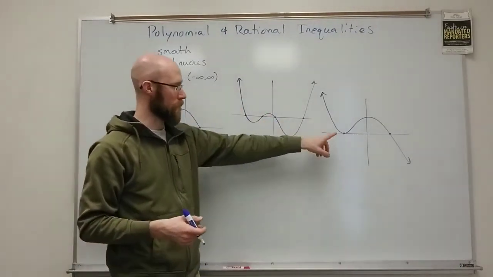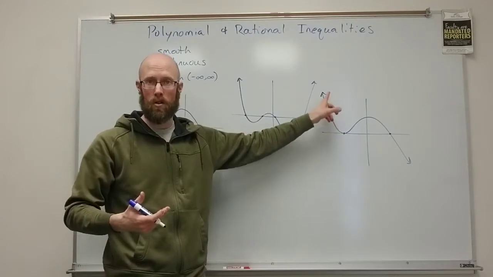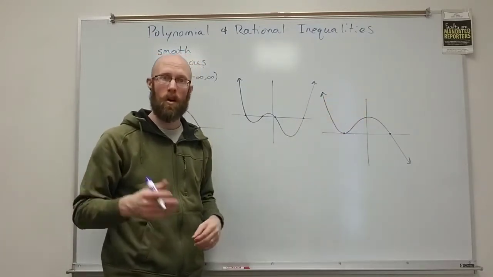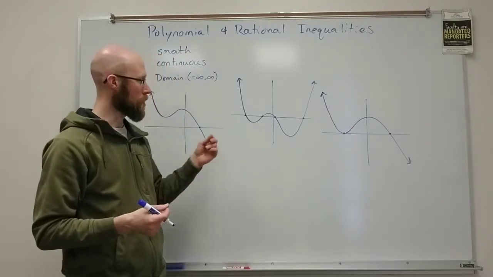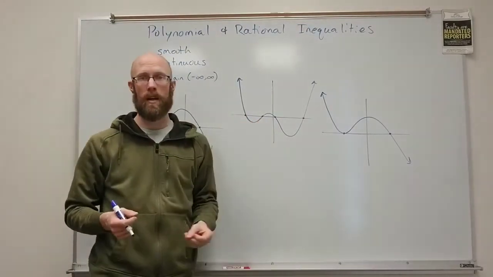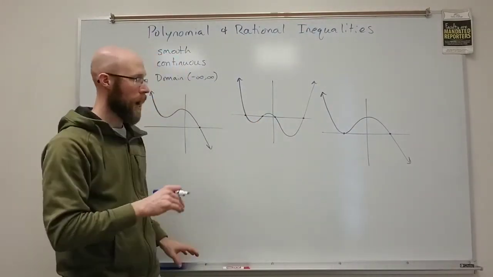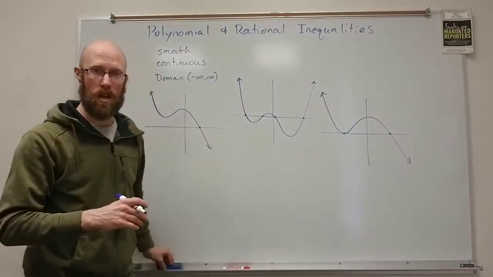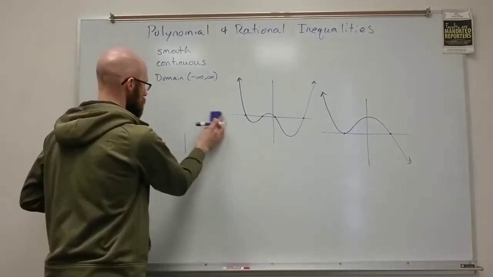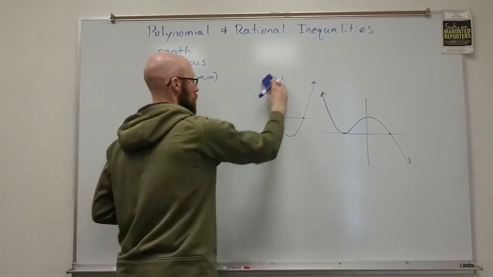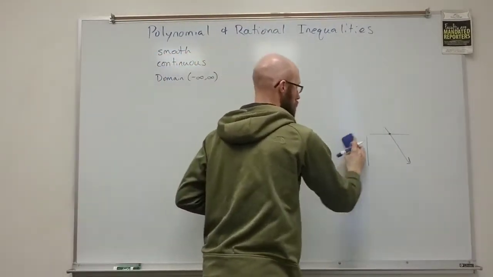Of course, not every x-intercept will make that occur. You could have a positive to a positive or a negative to a negative, but either way, the only places where it can switch sign is on the x-axis at an intercept, okay? Okay, so that's a very foundational principle for dealing with inequalities.